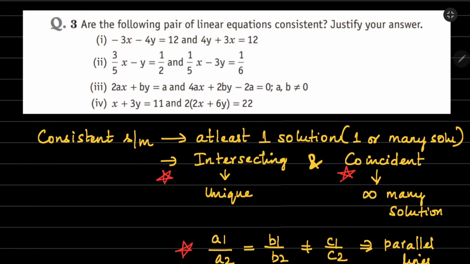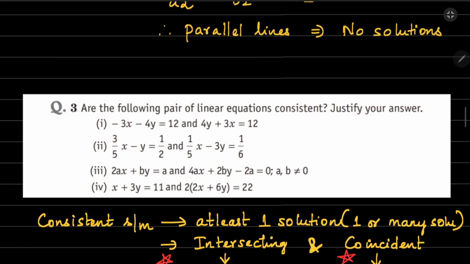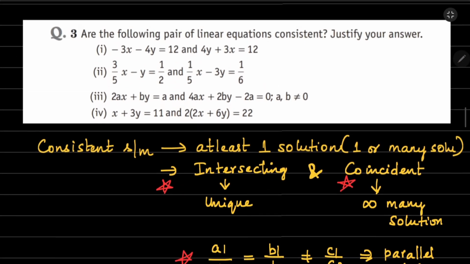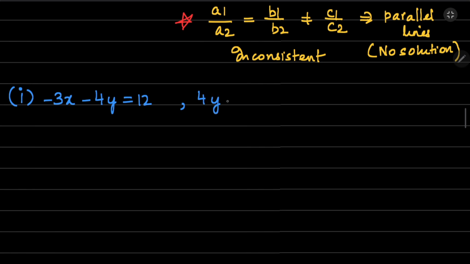The first equation is minus 3x minus 4y equal to 12, and the second equation, rearranged, is 3x plus 4y equal to 12.